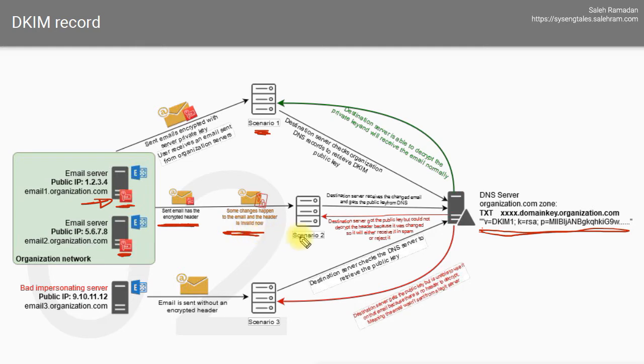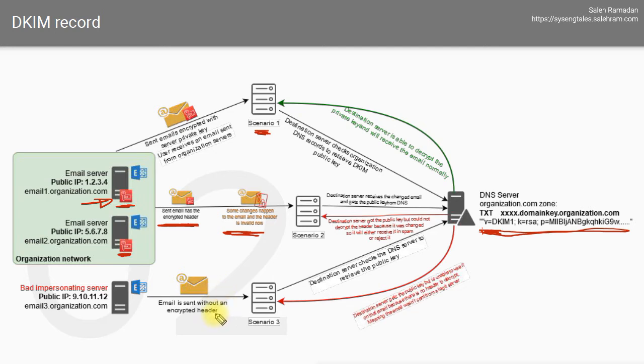When the receiver queries the DNS and retrieves the public key successfully, that public key will not be able to decrypt the header, because the header itself was changed and is no longer valid for the private and public key pair.